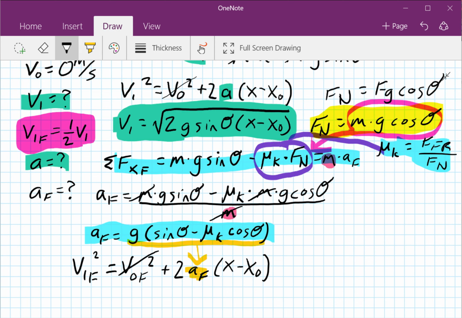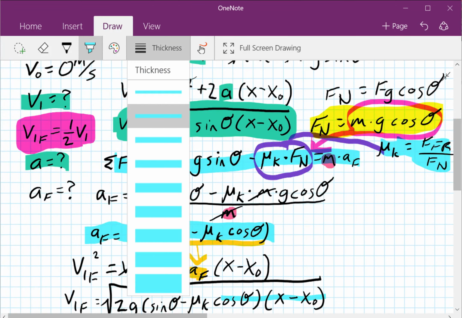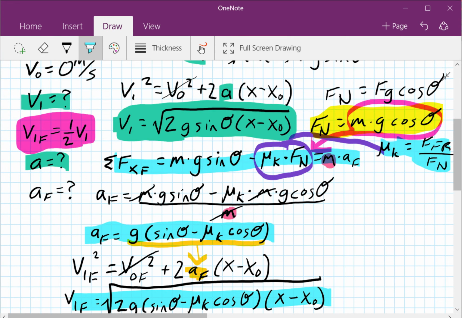And the initial velocity squared is 0. So we'll have V final with friction equals the square root of 2g times sine of theta minus the coefficient of kinetic friction times the cosine of theta, times the position change, so displacement. And that explains our velocity in terms of the velocity with friction.